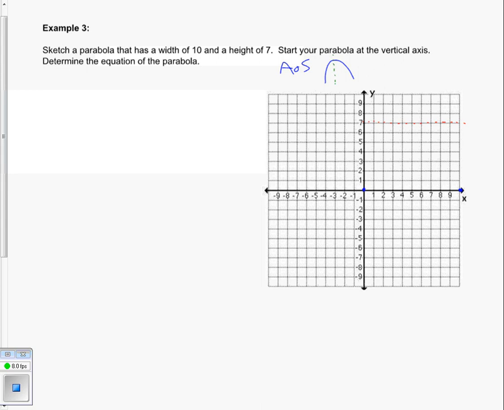So if we know that the parabola is 10 units wide, then half the distance of 10 is at 5. So that means that its maximum height actually happens to be at 5, 7. Okay? And we know that this point here is at 0, 0.